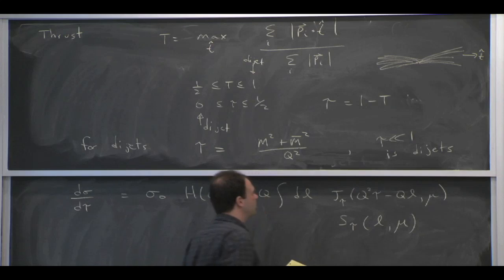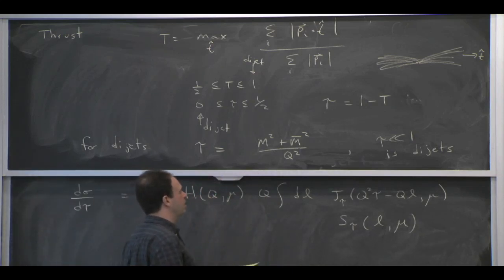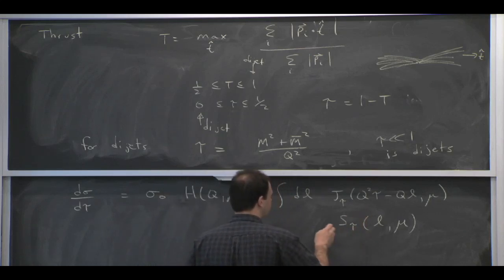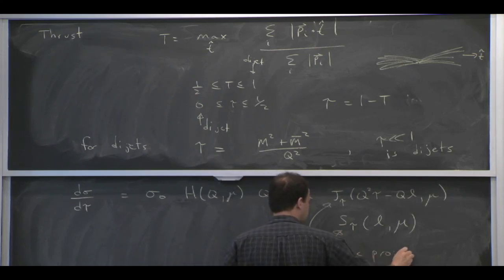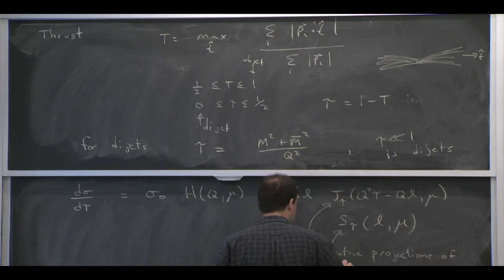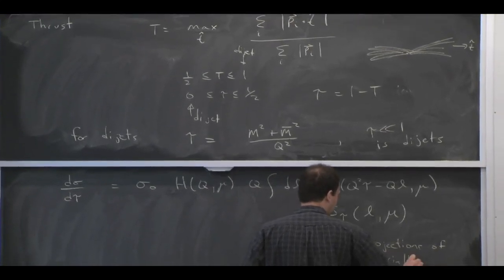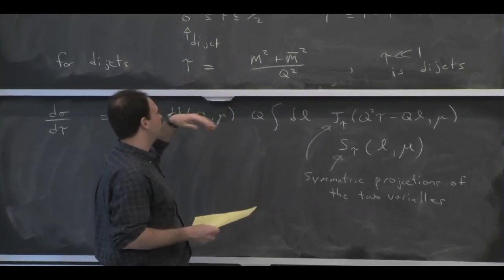What happens to the two jet functions and the soft function that had two variables is that they get projected onto their symmetric projection of the two variables. So we had two variables before, and now we have one variable, and it's like a symmetric projection, and that just follows from this formula.